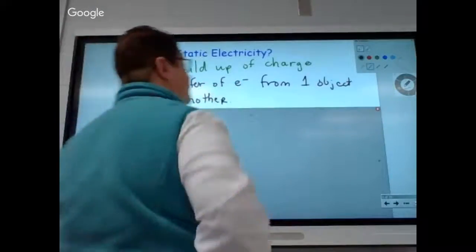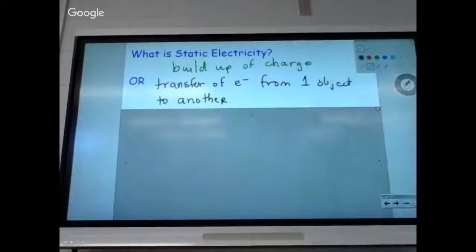So, I have built up these electrons on my shoes, and I walk over here, and I touch Alexis, and I zap or shock Alexis. We've all done it. We have somehow managed to build up electrons. We touch a doorknob, we touch a friend, and shock them. Okay? That is static electricity.